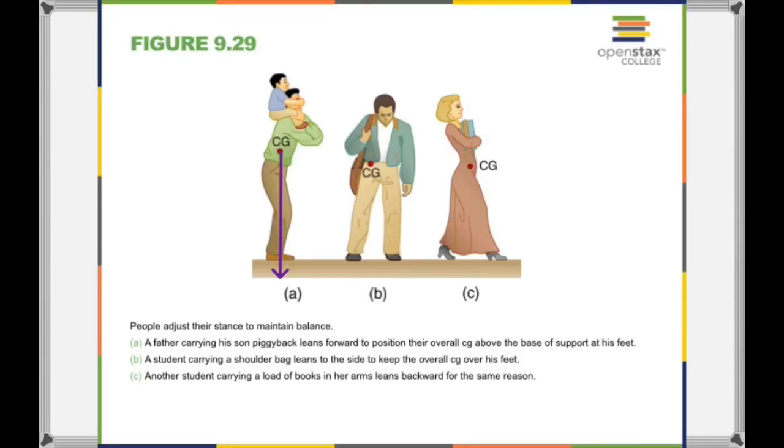Now, that is why when a person carries a heavier object, the person leans to one side, and the idea is to make the vertical line through the center of gravity fall within the base. Because the moment that vertical line goes outside the base, the person is going to fall, or the object is going to fall.